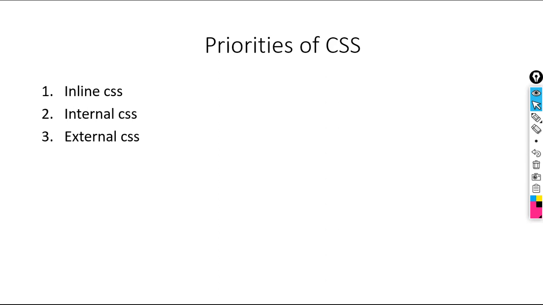External CSS is more reusable as compared to internal and inline CSS. Inline CSS is at tag level. Internal CSS is for that particular HTML document, and external CSS we can implement to multiple pages of HTML document. Okay, so that's it in this session.